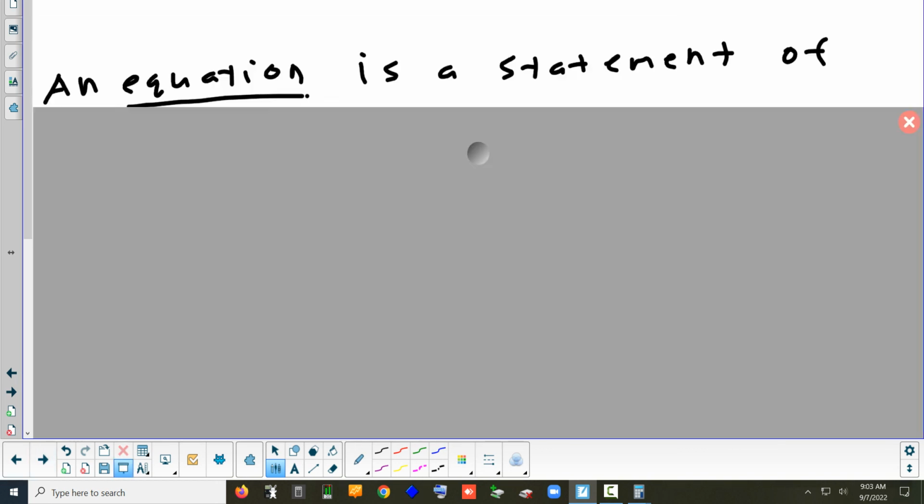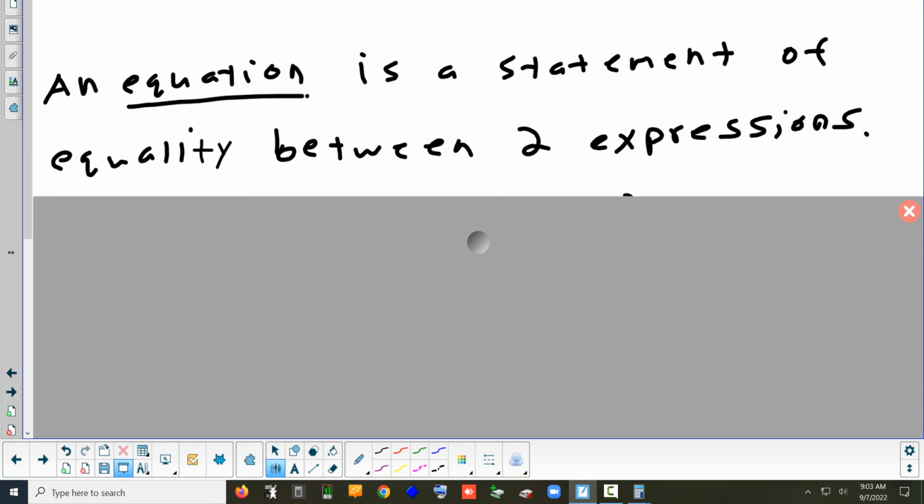All right, so what makes something in math an equation? An equation is when you have an equal sign between two expressions. That's called an algebraic expression, 3x. There's an equal sign. 5 is a numeric expression.